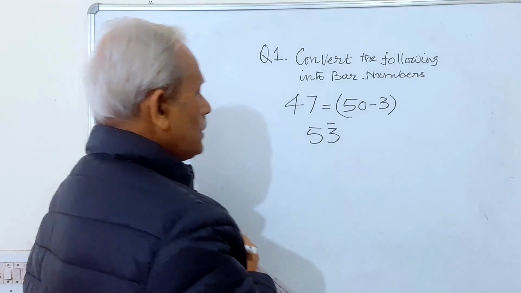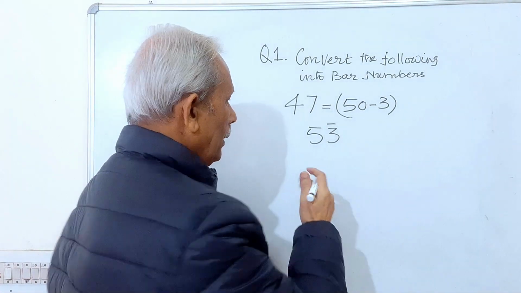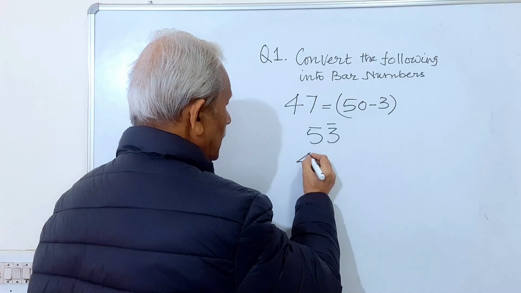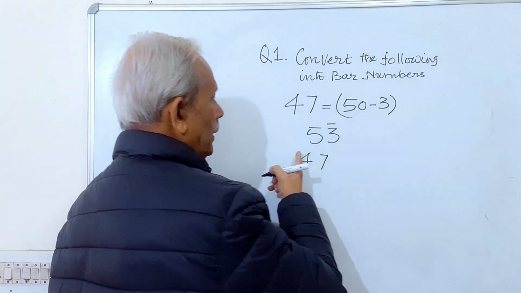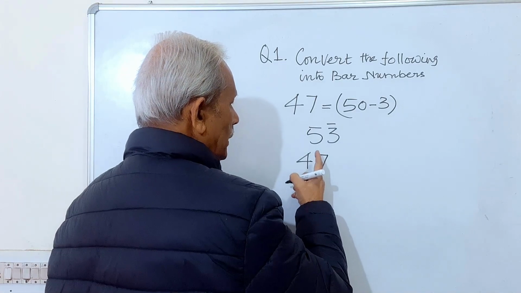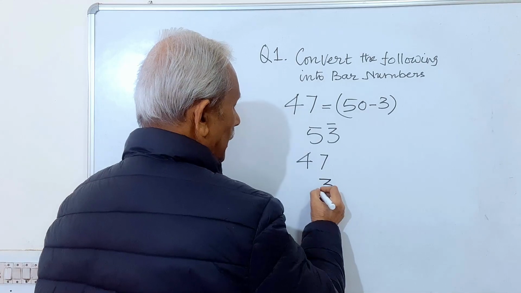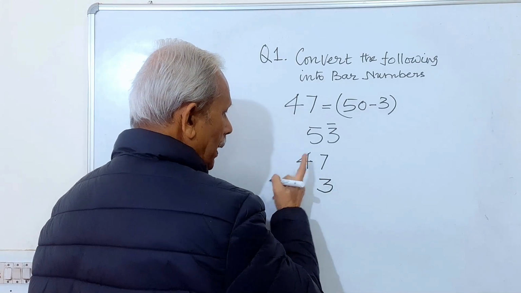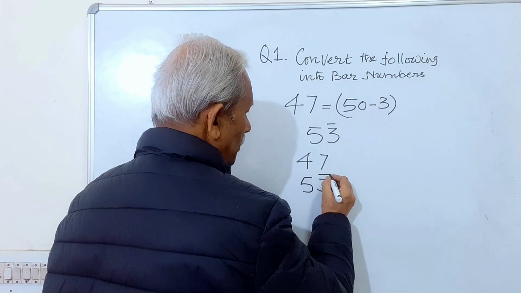Now, in other words, what is the process of converting any number into a bar number? I will explain it here once again. Take 47: subtract the number 7 from 10, write 3 here, and increase this number by 1. So make it 5. So it's 5 and 3 bar.